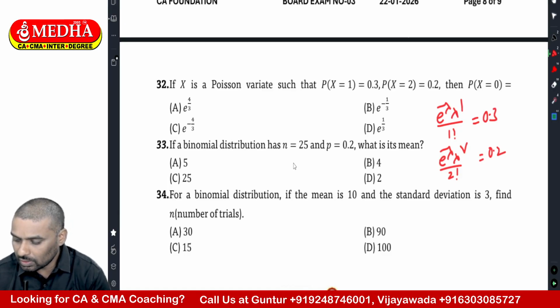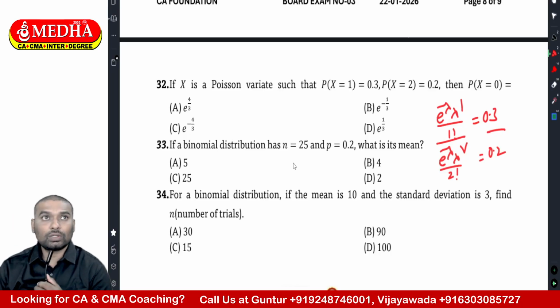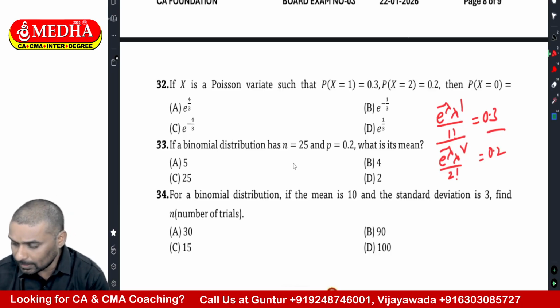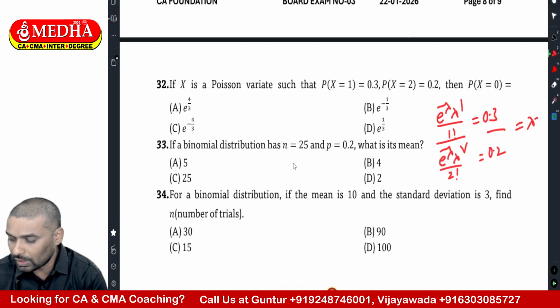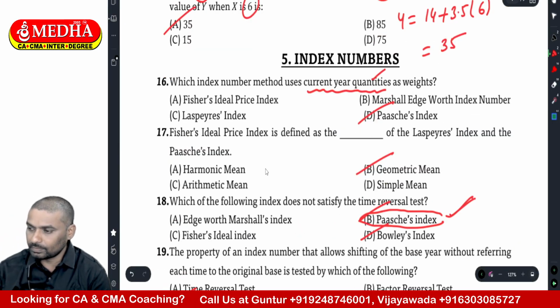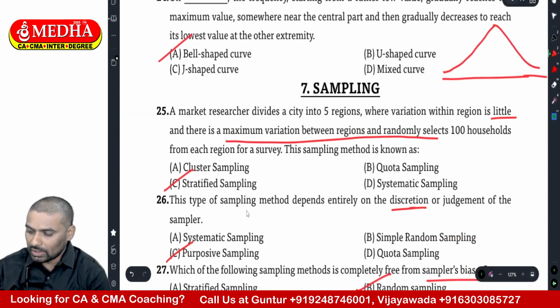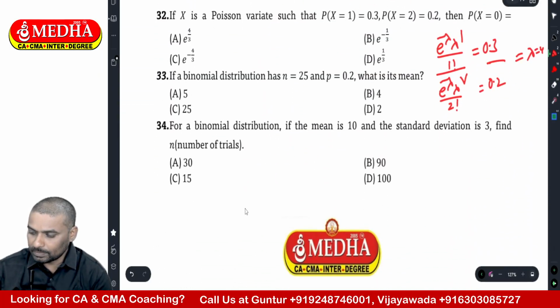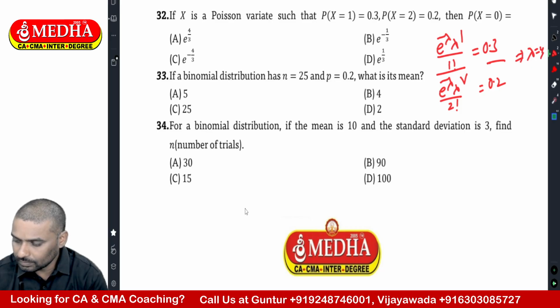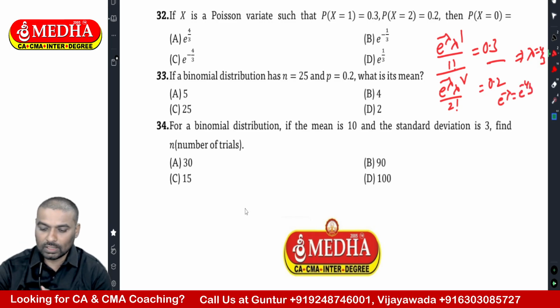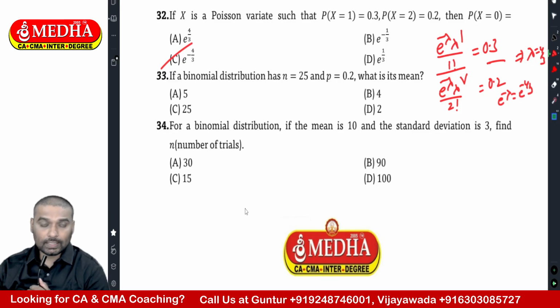Dividing P of x equal to 1 by P of x equal to 2 and simplifying, we get lambda equal to 4 by 3. So P of x equal to 0 means e power minus lambda, that is e power minus 4 by 3. So option C is correct.